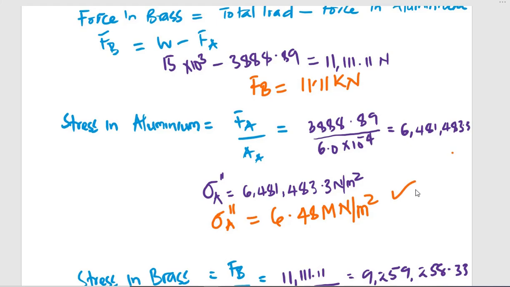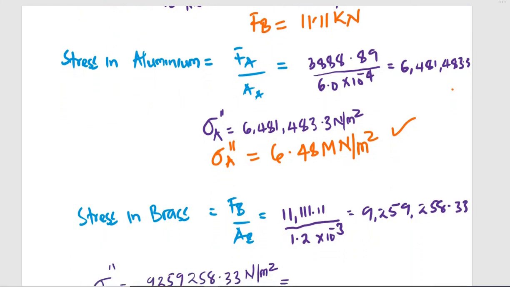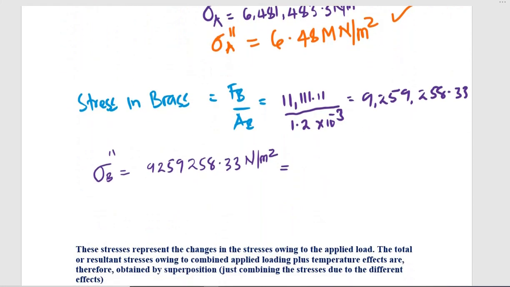We proceed and find the stress in brass. Stress in brass, therefore, will be the load carried by brass divided by the cross-sectional area of brass, which will be 11.11 divided by 1.2 times 10 to the power negative 3, and this gives us 9258.33 newton per square meter, which gives us 9.26 meganewtons per square meter.